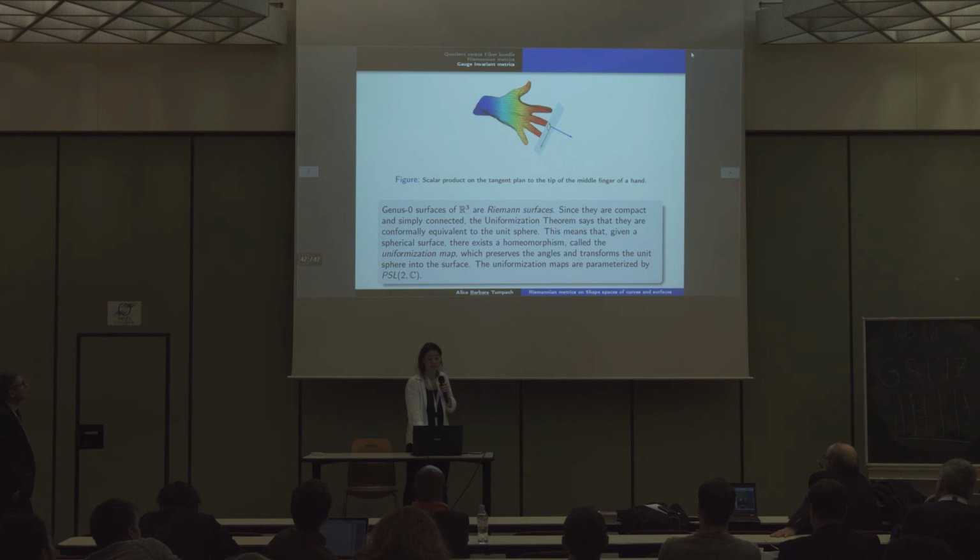Because genus 0 surfaces are Riemann surfaces, and you have the uniformization theorem, which says that they are conformally equivalent to the unit sphere. So there is a conformal map which maps the unit sphere to your shape, the hand in this case. And in fact, this conformal map is quite unique. It is unique up to the action of PSL2C, sorry.